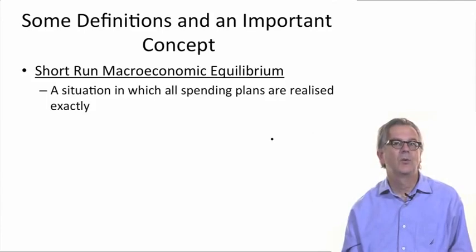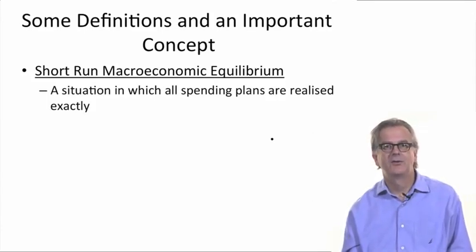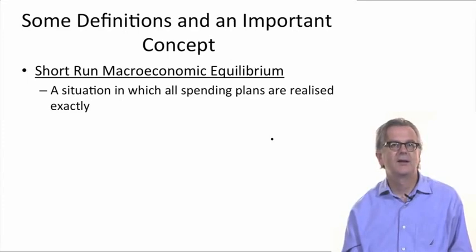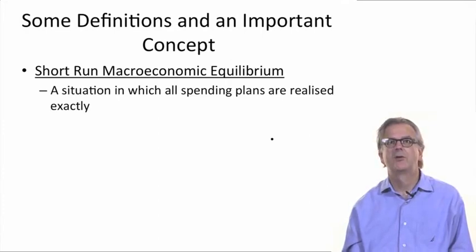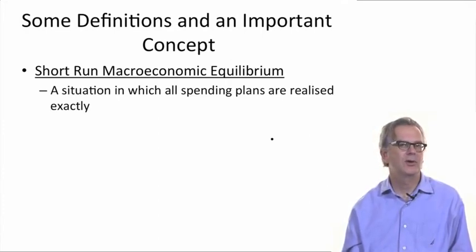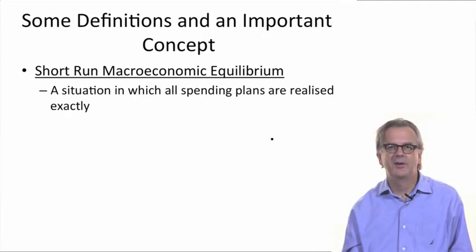In other words, what the sectors in the economy are planning to spend turns out to be exactly what is spent. Now remember that expenditure, spending is a flow, so we're always talking about what's happening over a particular period of time. So a macroeconomy is in equilibrium over a particular period of time if it turns out over that time period that all of the spending plans are realised exactly.